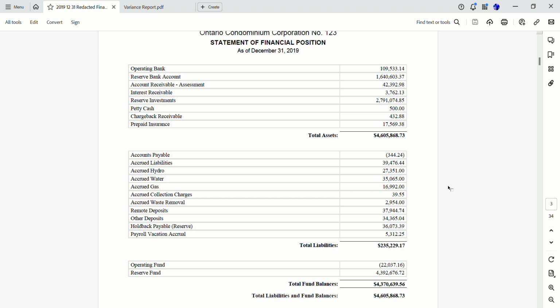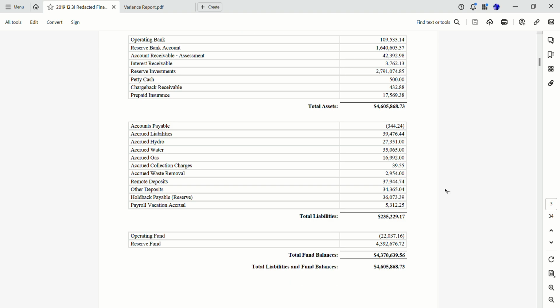So total asset is 4,605,868.73, and the total liability is 235,229.17. Hence, we have the total equity. The total fund balance now is 4,370,639.56.